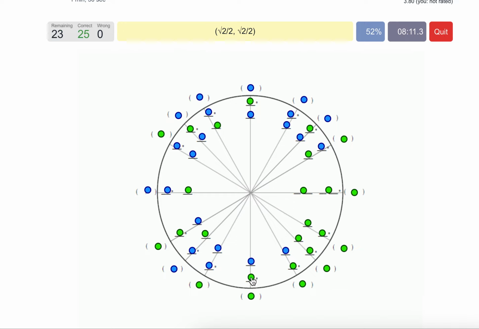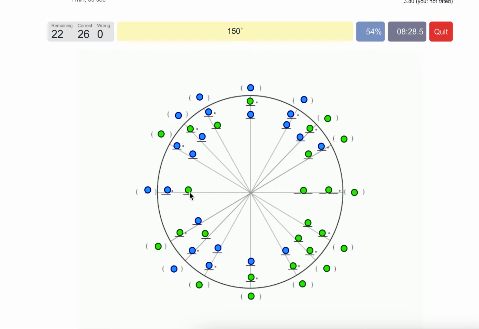This is 270, it's one of the main ones. This is the regular positive 45 line, which is pi over 4 here, by the way.